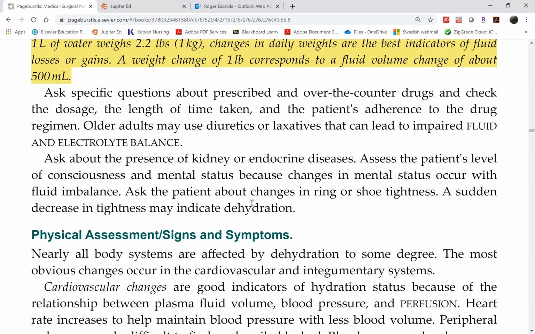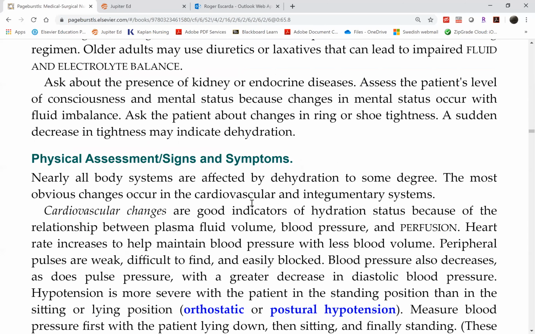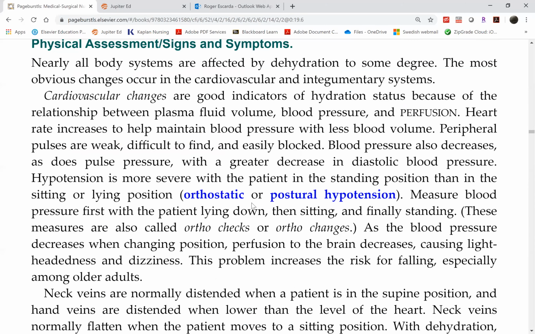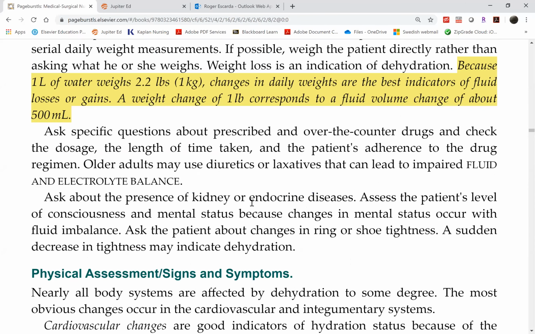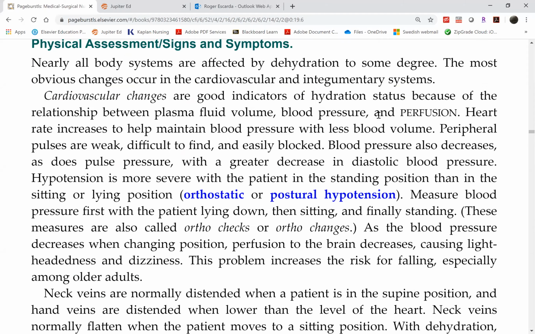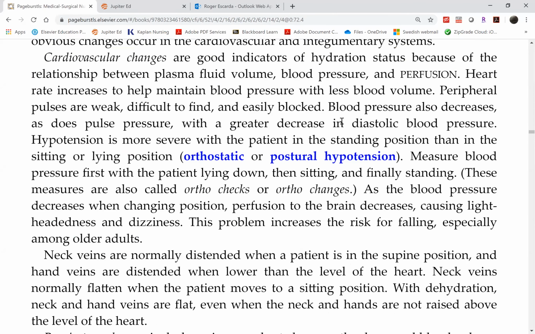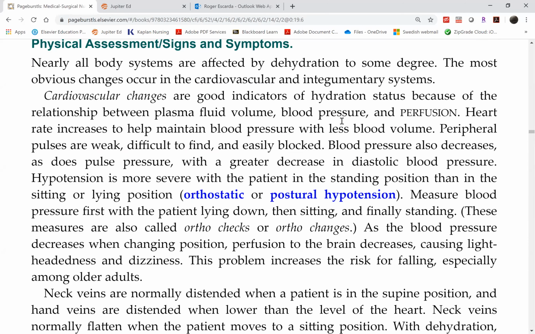Other indicators, besides your weight, let's go to blood pressure. What happens to blood pressure when you are dehydrated? Decreases. All right, what about if you're in fluid overload? Increase. Okay.